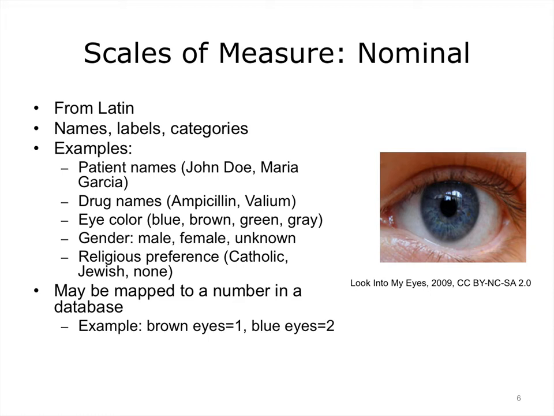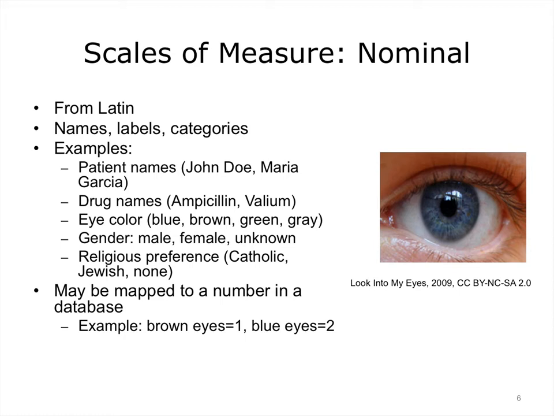For example, patient first, middle, and last names, such as John Doe and Maria Garcia, would be considered nominal data. Other examples would be data labels or categories, such as patient gender, eye color, religious preference, or drug names.